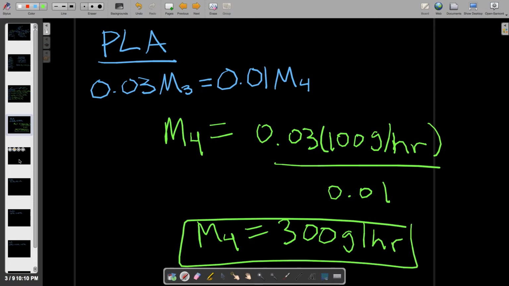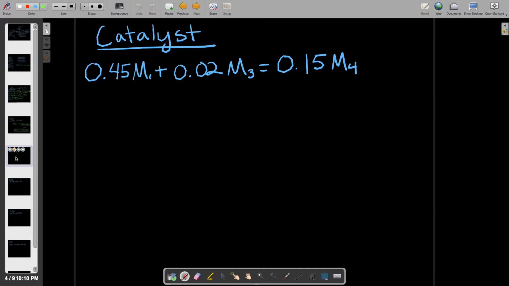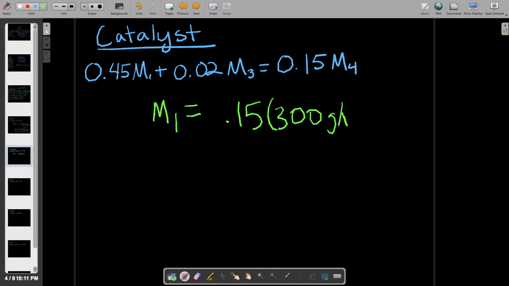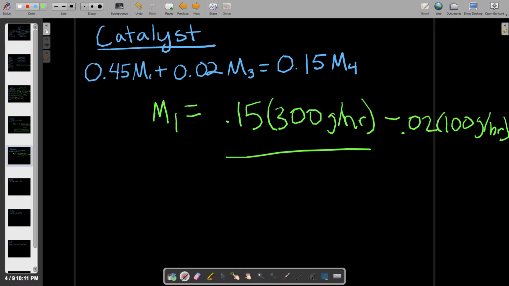All right, so then we're going to go ahead and solve for M1 in this equation using the catalyst. So after moving things around, we should get M1 is equal to 0.15 times M4 we just solved for, which is 300 grams per hour, minus 0.02 times M3, which is 100 because of our basis, divided by 0.45.